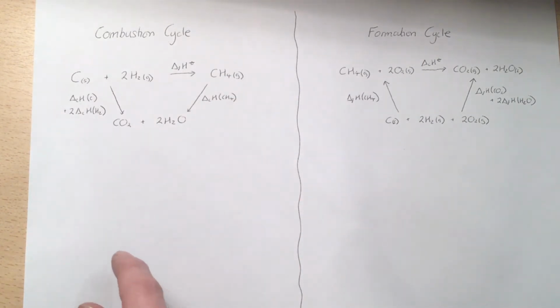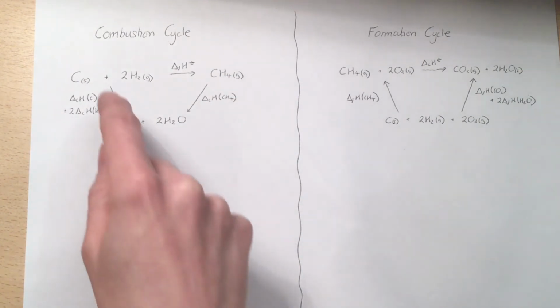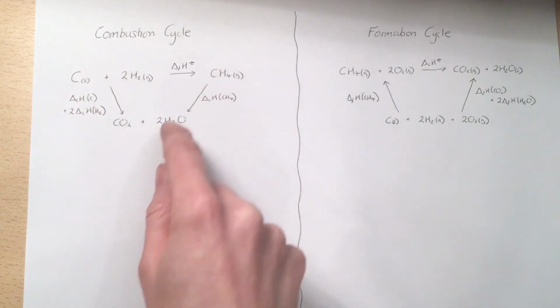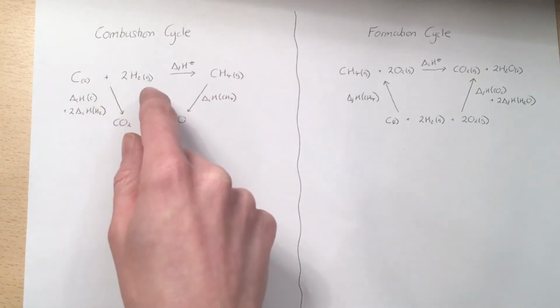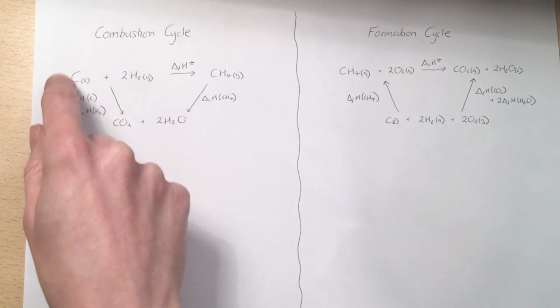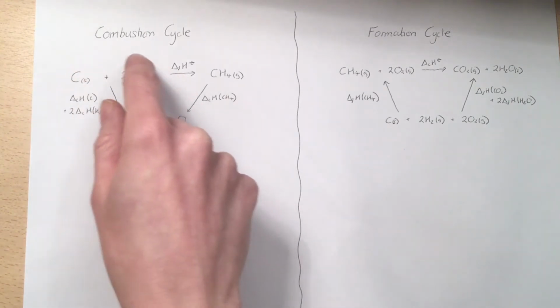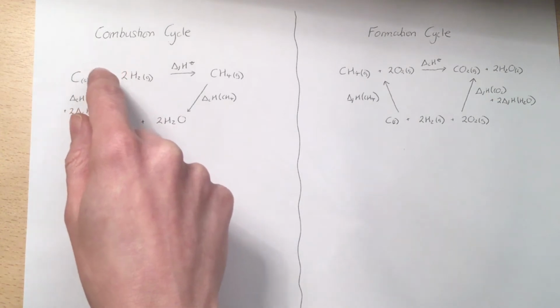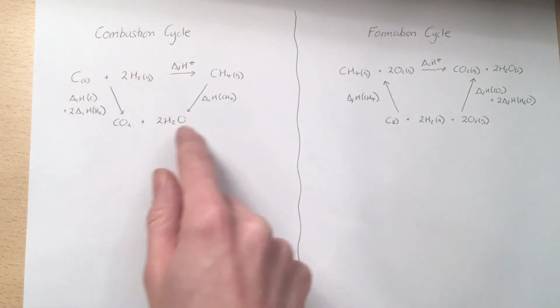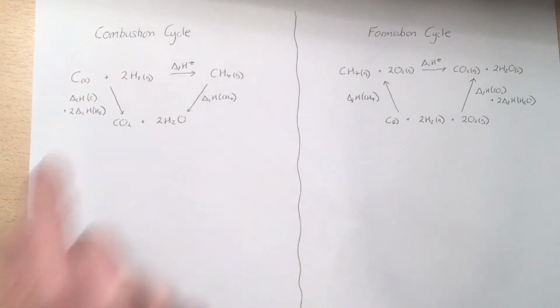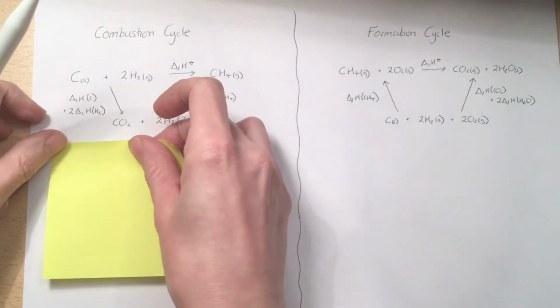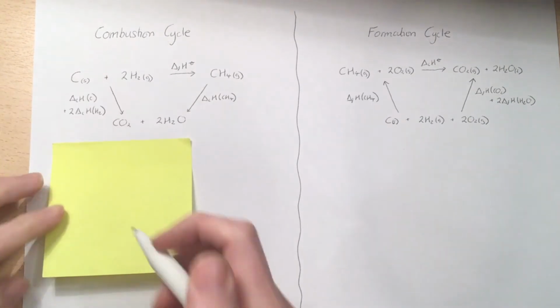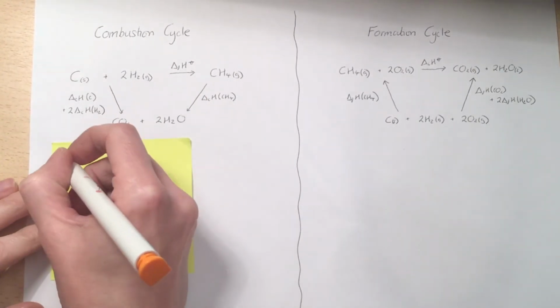And the important thing about the combustion cycle is the arrows come down, and that is because the reaction goes from these reactants here, and they're being combusted to form these products here. So this arrow here on the left represents this reaction.